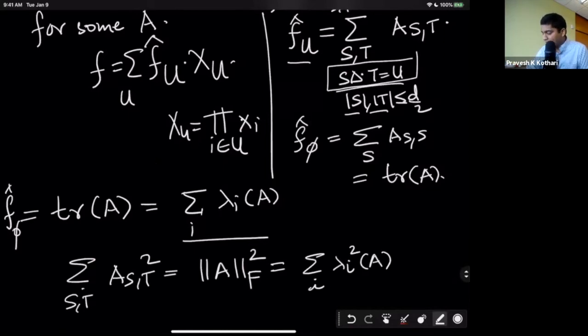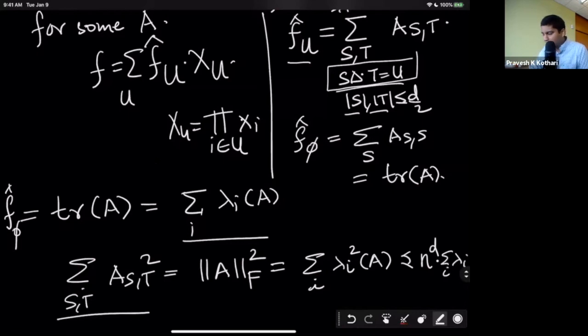And we can use the Cauchy-Schwarz inequality to bound this in terms of the sum of the lambda i's. And so this chain of inequalities proves that I can bound the squared Frobenius norm of the matrix A by something which is polynomial in the size of F, in particular the size of just the empty coefficient of F.